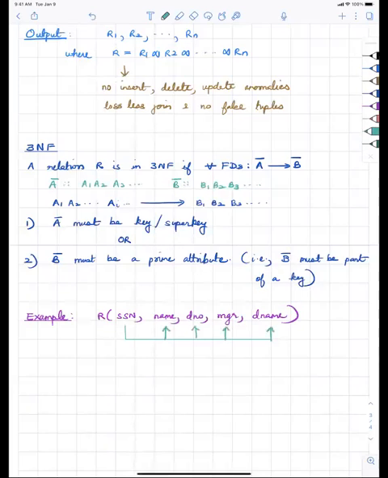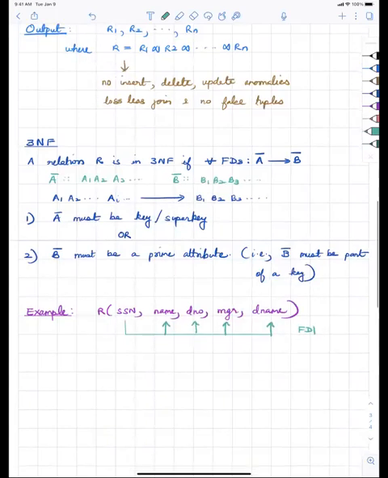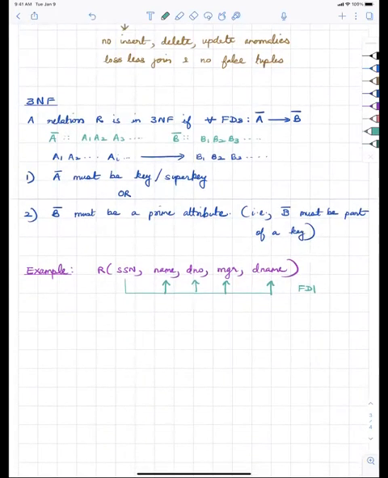The first functional dependency, FD1, is that social security number determines the name, D number, manager, and D name. And the second functional dependency, FD2, is D number determines manager and D name. So these are the two functional dependencies given.